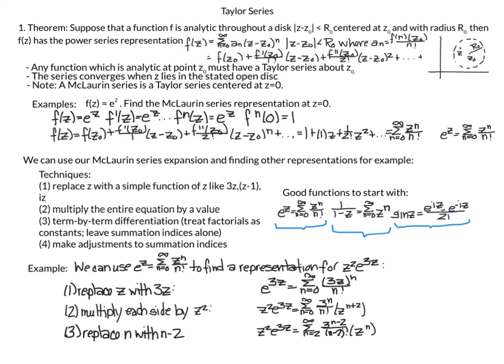But the first thing I did is said, okay, instead of e to the z, I want e to the 3z. So I'm going to replace z in this formula with 3z. So I'll have e to the 3z equals the summation of 3z to the n over n factorial. So that's what I did exactly here.